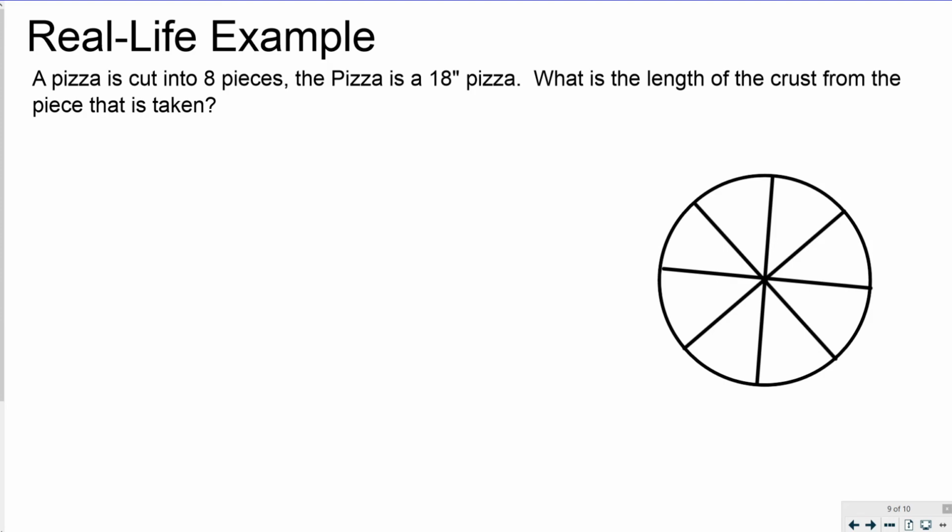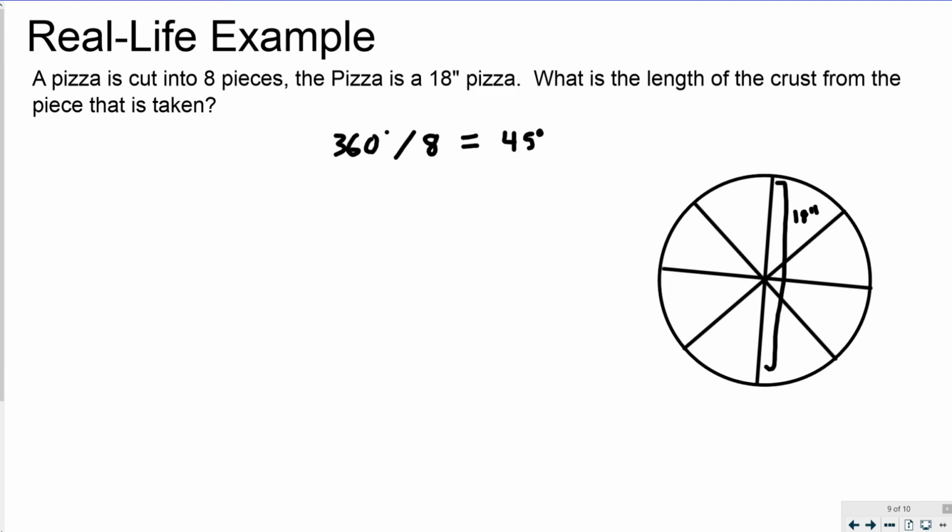So we would take 360 degrees and divide it by 8. And that will tell us the degree measure of each slice of pizza. So 360 divided by 8 is 45. So each pizza slice is 45 degrees. It says the pizza is an 18-inch pizza, so going across the pizza would be 18 inches.